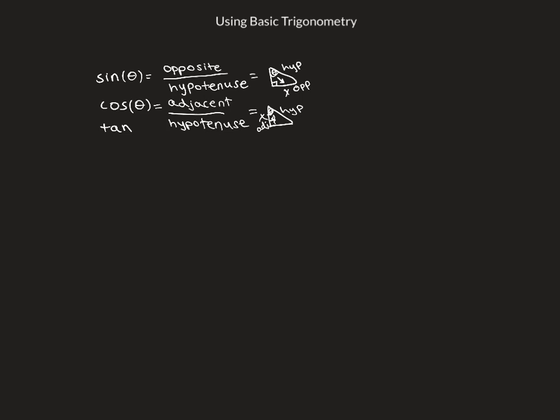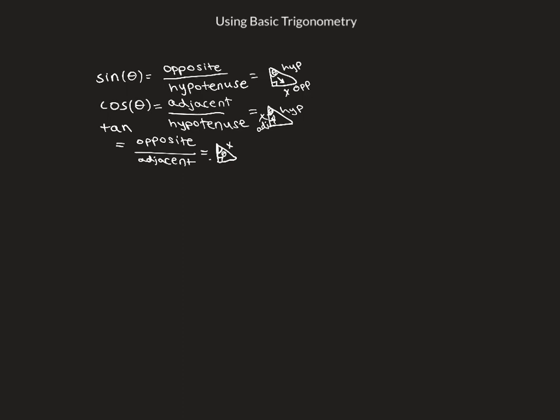And then finally, tan is equal to opposite over adjacent. And the example would be here, and you're told to find x, and you are given here.